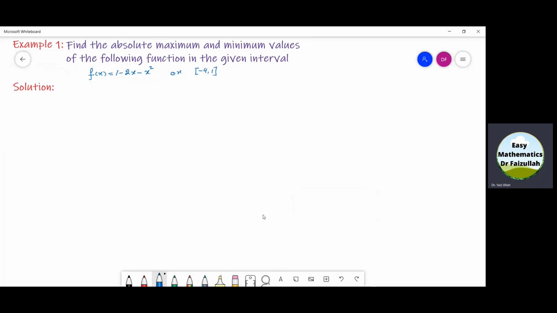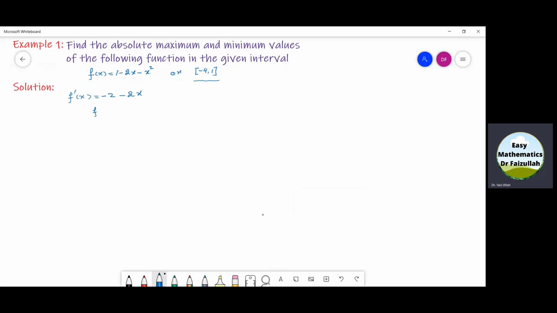To explain the method, let us find the absolute maximum and minimum values of this function in the interval -4, 1. The first task is to differentiate the function. f dash of x is equal to -2 minus 2x.